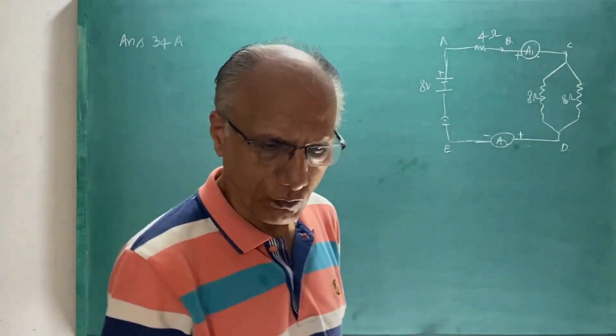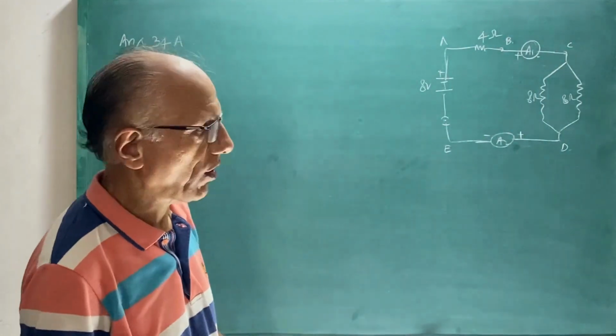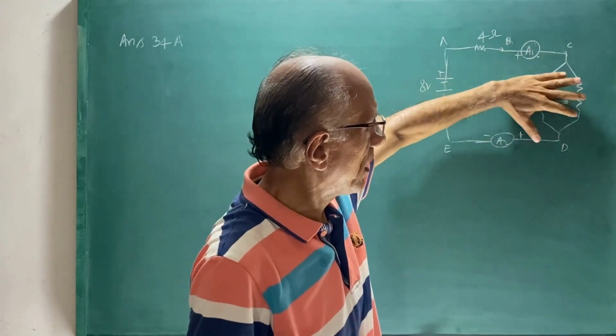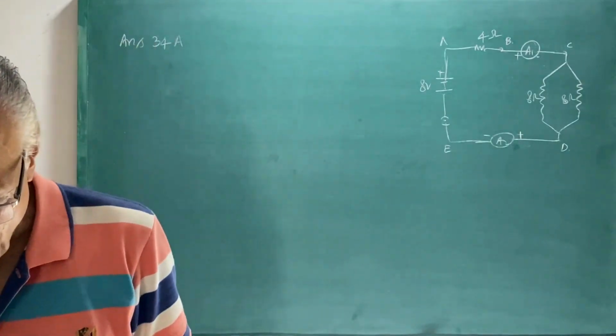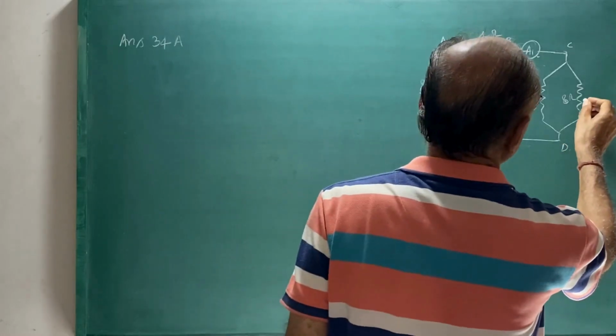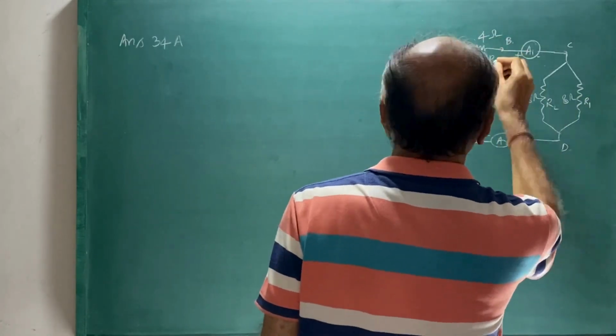Now the question is, we have to find the effective resistance of the 8 ohm resistors in the combination. So let us say this is R1, this is R2, and this is R3.